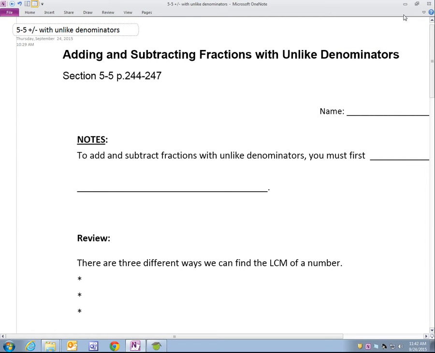Yesterday we did adding and subtracting fractions with like terms. What that means is, if you had a pizza eating contest with your brother or your sister, okay? I don't recommend binge eating, okay? That's a lot of unnecessary calories.